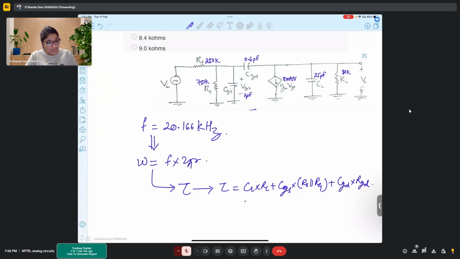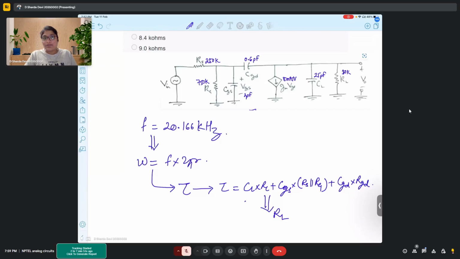In this formula, we will substitute, and from there we will find the value of RL. So, what do you people want? Do you want me to calculate, or maybe I can give you the values? You people can try it at home, right?